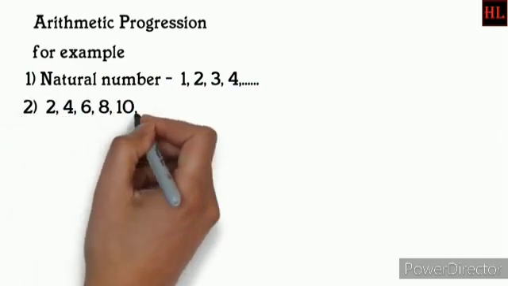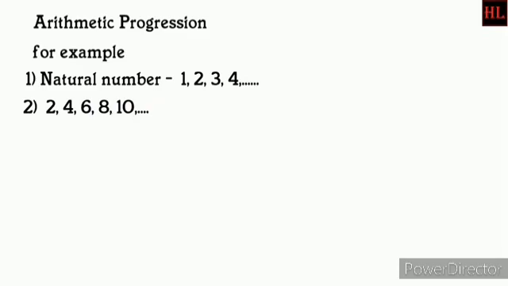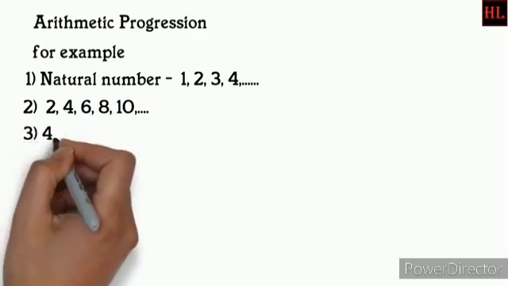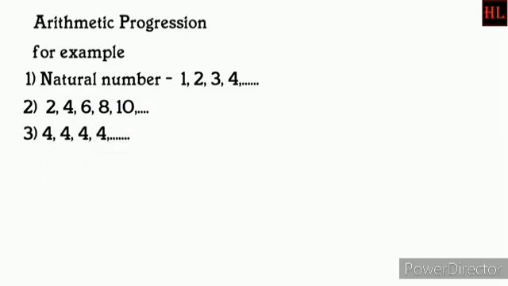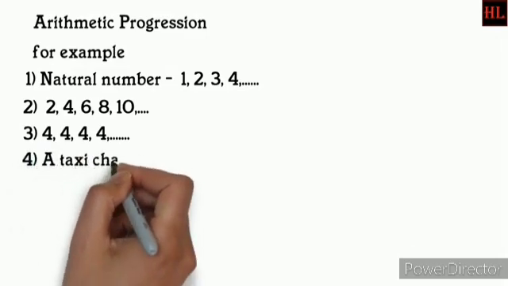For example, 2, 4, 6, 8, 10, in this the common difference is 2. You are adding 2 to every number. In the third example, 4 is the first term and the next number is obtained by adding 0. Okay, the common difference may be positive, negative or 0 in an arithmetic progression.